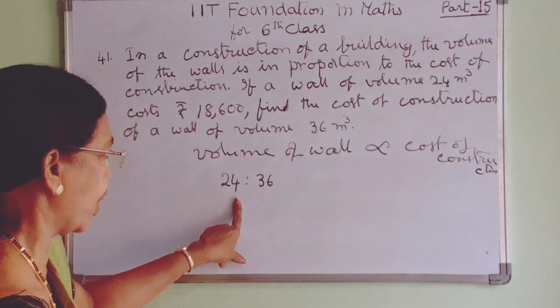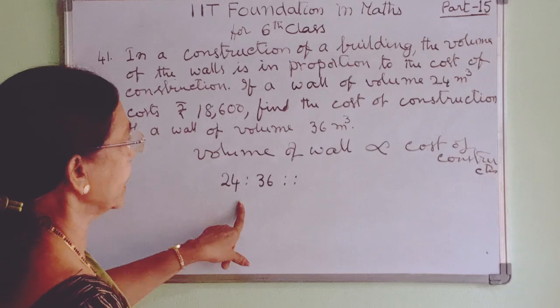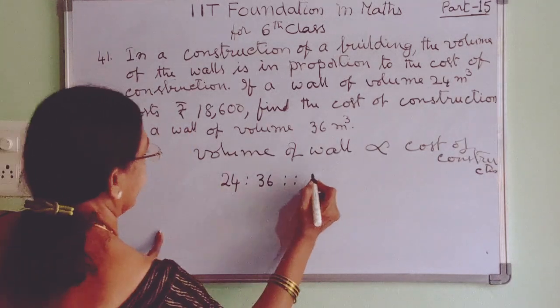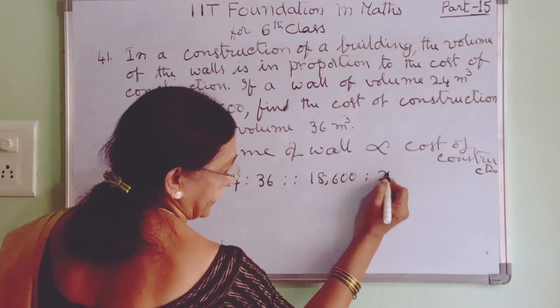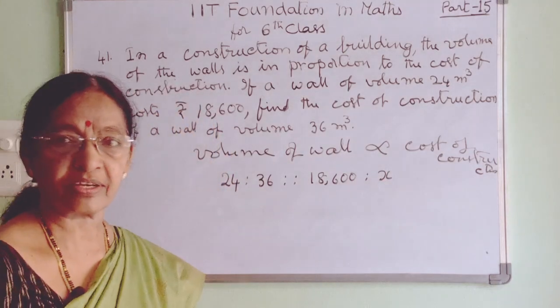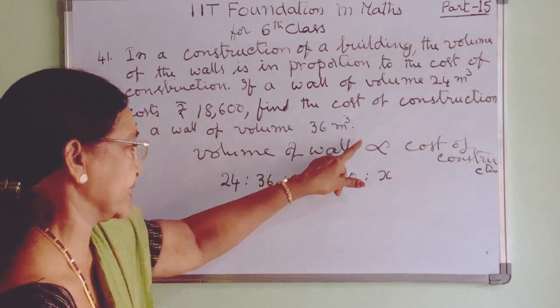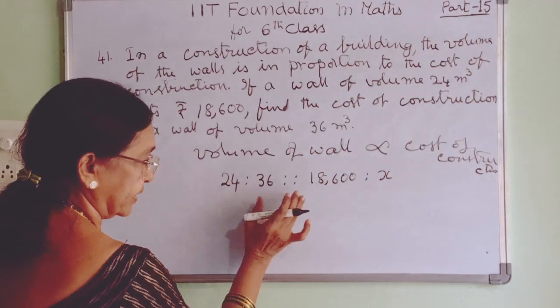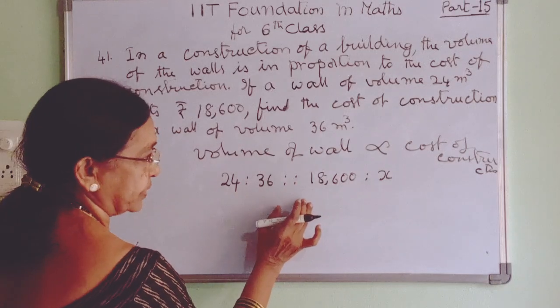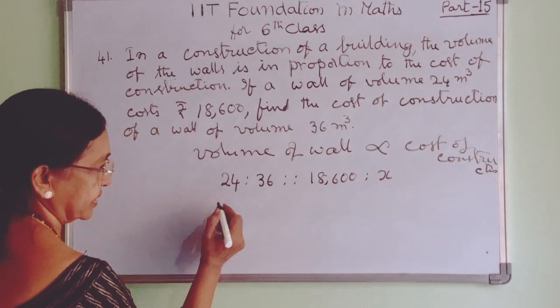Therefore, the ratio of the volumes of the wall is as the ratio of the cost of construction, that is 18,600 is to X. Let X be the cost of construction of the second wall whose volume is 36 meter cube.